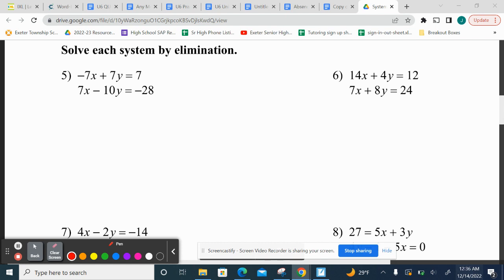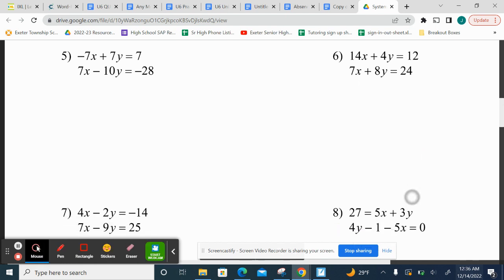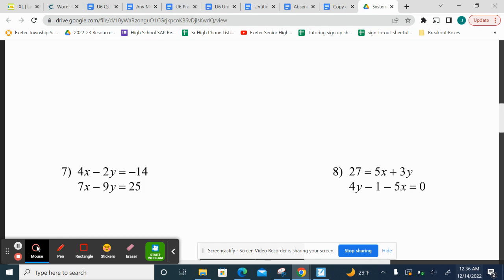Now, if it's not lined up, and when you look at this, I'm hoping you're thinking, number 8, not lined up. The equal sign's in the wrong spot. So in that case, you'd have to rearrange.